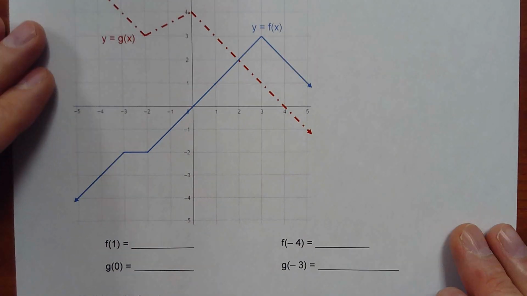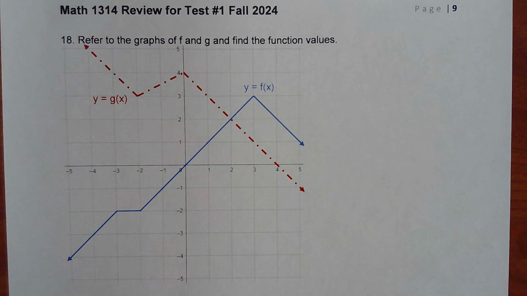Number 18. So we have the graph of f and the graph of g. So f is the blue solid line, and g is this dashed red line here.